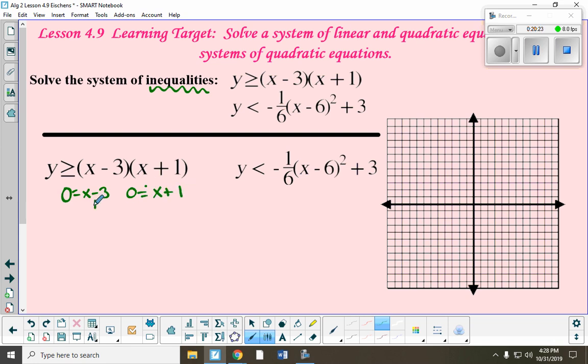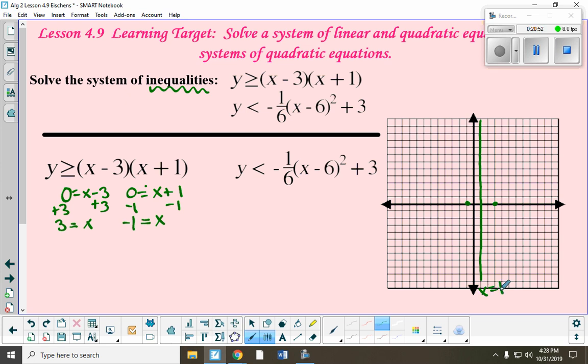So if you add 3 to both sides, x would equal 3, x would equal -1. So you plot those on the x-axis, 3 and -1. So they are 4 units apart. So your axis of symmetry would be right here. And where's that at? That is at x equals 1.